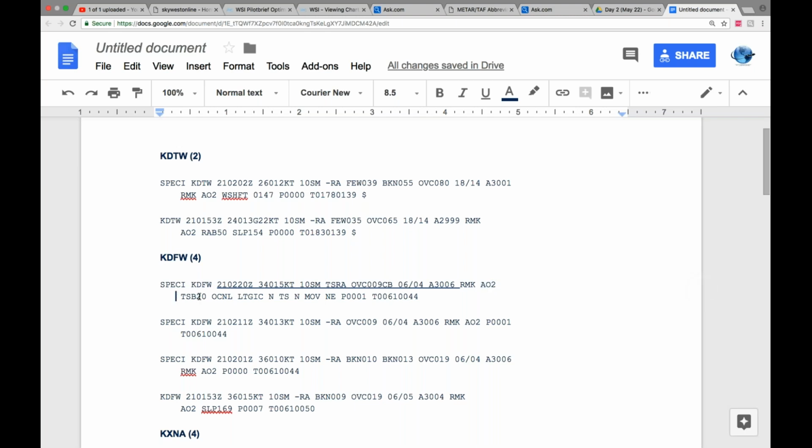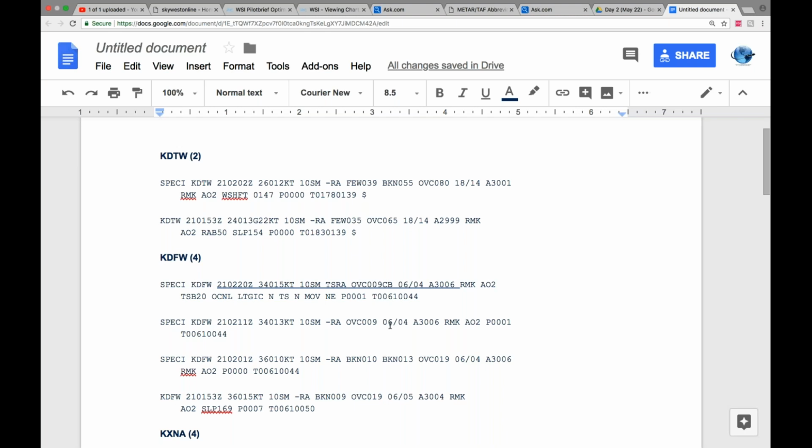Okay. And then, like I said before, this is all just giving me more information to support the statement here. Okay. Thunderstorms began 20 after the hour with occasional lightning in cloud to the north, thunderstorms north moving northeast. And then this is the amount of precipitation that's fallen in the last 6 hours.